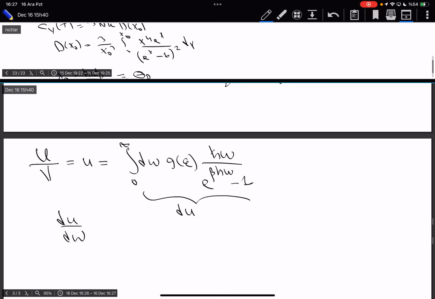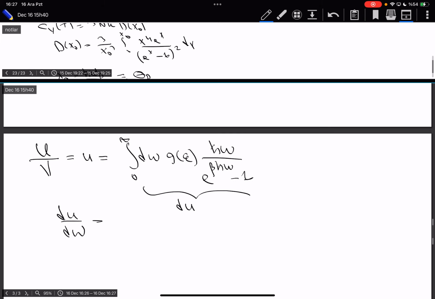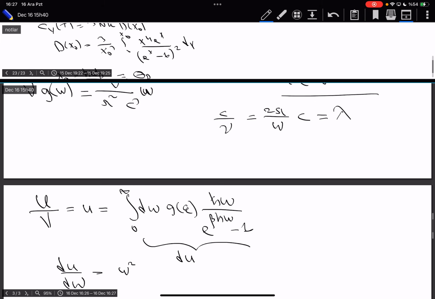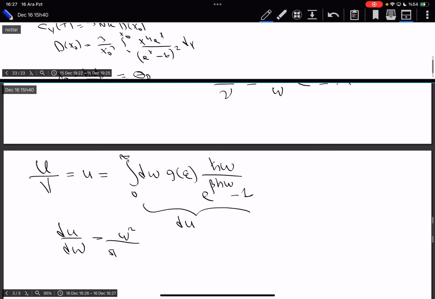Du by d omega, the energy density per frequency, will be given by omega squared divided by pi squared c cubed, times h bar omega divided by e to the power beta h bar omega minus 1.